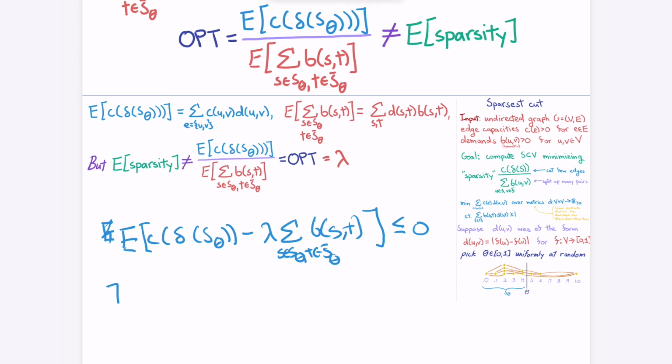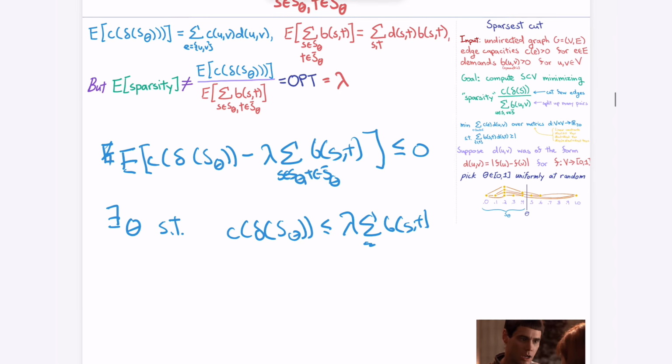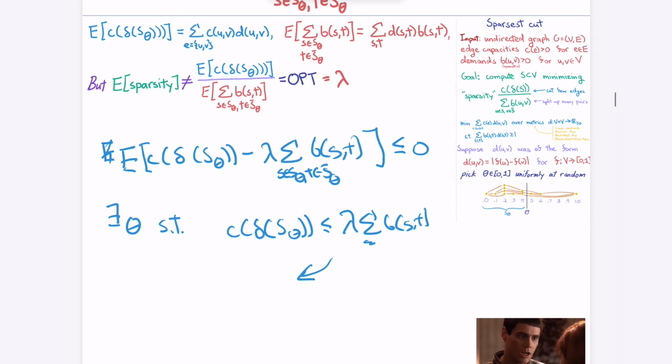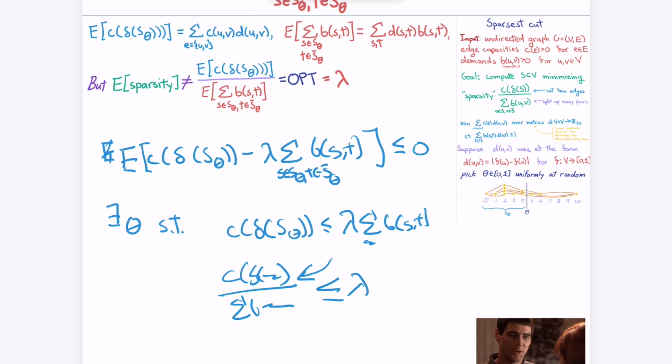That means there exists theta such that C delta S theta is less than or equal to lambda times the sum of the D of S, T, and then you finally get that this ratio is at most lambda, and now you're happy. So there exists a cut; you just have to flatten it out first.